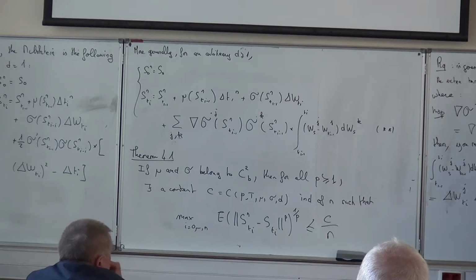So we can say minus delta t_i times delta_{jk}, which means 0 if j is different from k, 1 otherwise.